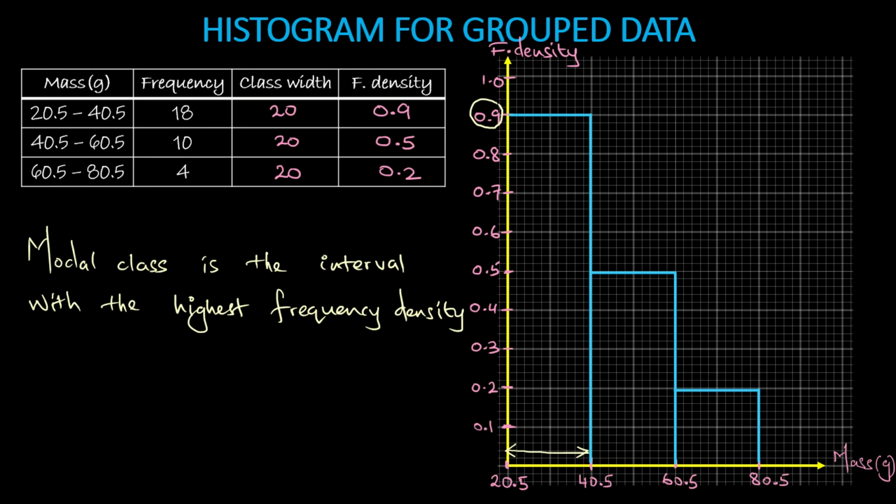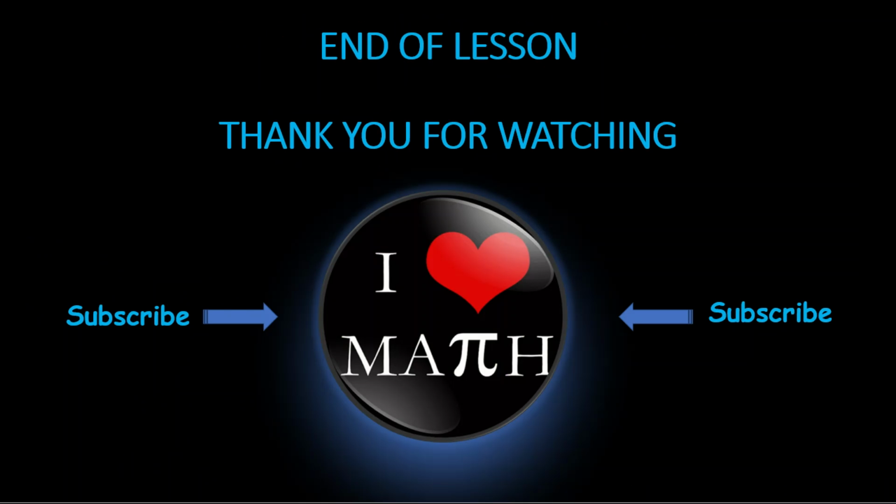So this corresponds to the interval 20.5 to 40.5, which indirectly is the interval 21 to 40, right? So this is how we find the modal class. So this is it, the end of the first session.